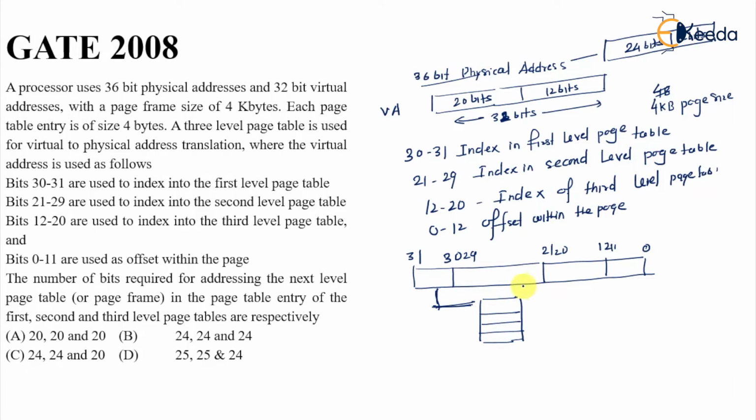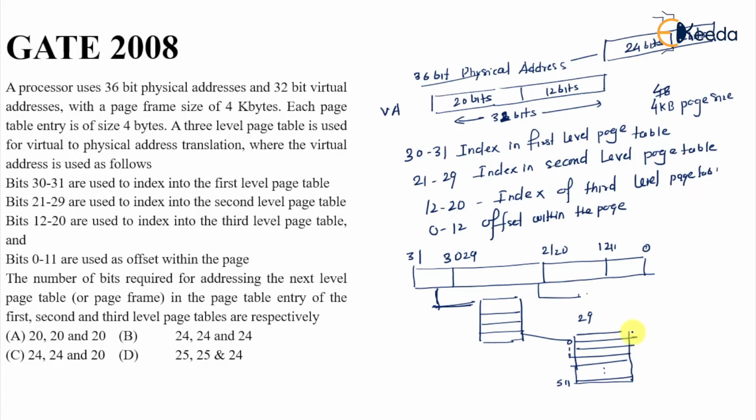In the second level page table, how many entries will we have? The total number of entries will be 2 to the power 9. Each will point to a page table where the number of entries will be 2 to the power 9, so 0, 1, 2, 3, and up to 511.